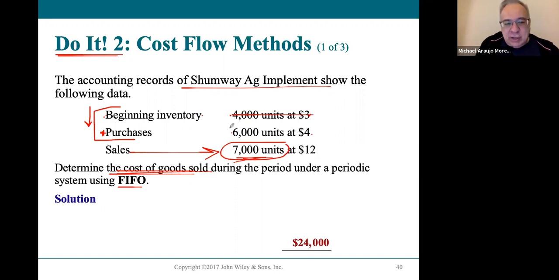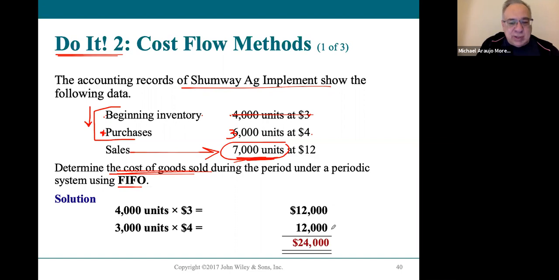You need another 3,000 units at $4. So 4,000 units plus 3,000 units gives you your 7,000 units. It just so happens that both the beginning inventory and the purchases are valued at $12,000 each, because 3,000 at $4 is $12,000. So the cost of goods sold for FIFO would be $24,000. It could be just that easy.